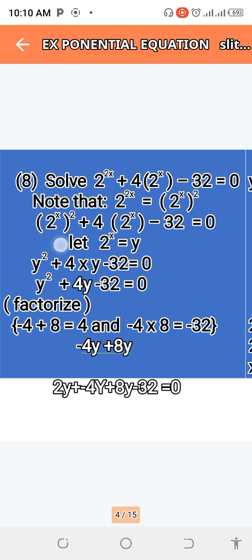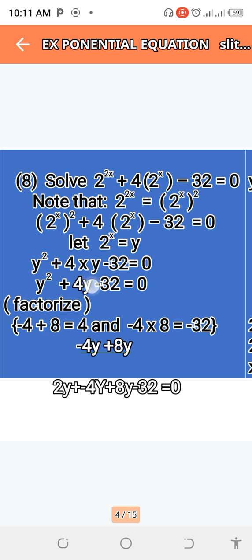Do not forget that 2 exponent x, into exponent 2, is same as 2 exponent x times 2 exponent x, which is same thing as 2 exponent x, brackets, then exponent 2. Now, when we replace 2 exponent x by y, we will now have y exponent 2 plus 4y, it is 4y not 4xy, is equals to 32.